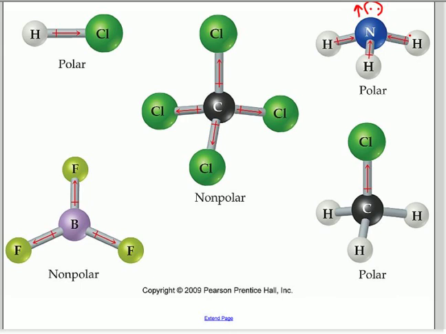And then last but not least, down here, we have chloromethane. You can see that these would pull up. The important thing, though, is we have that chlorine that's very different than everything else. So it's not symmetric three-dimensionally. There's nothing to cancel it out. The pull's up and over, and you are polar.